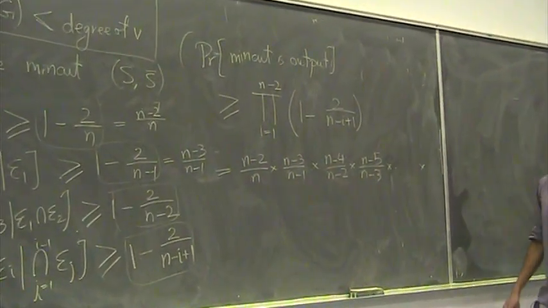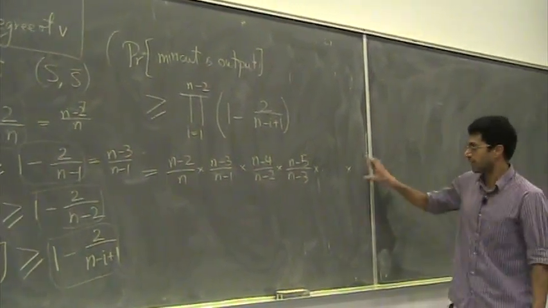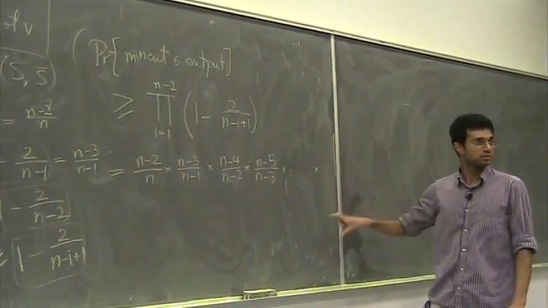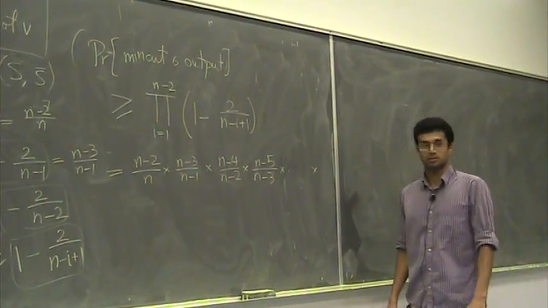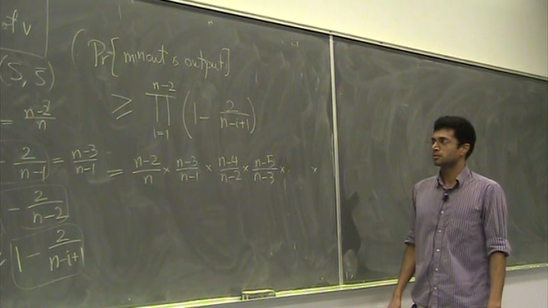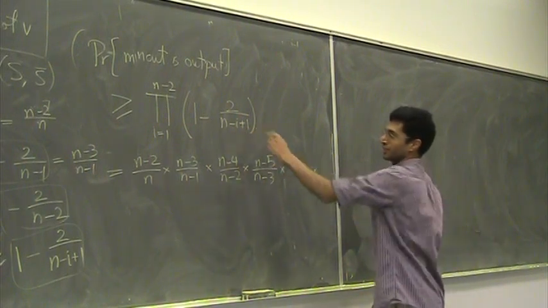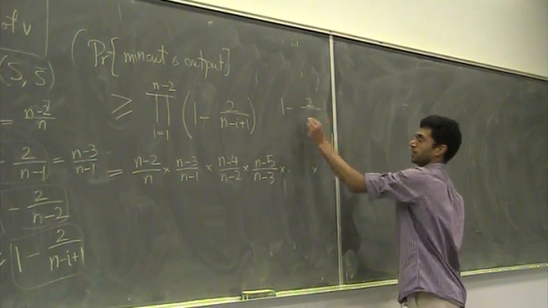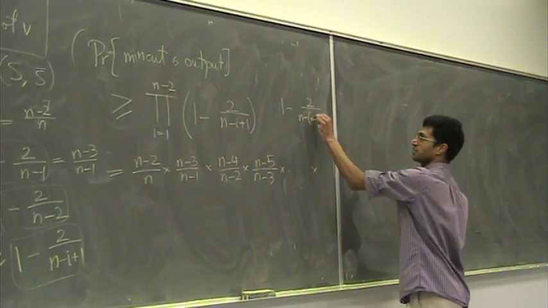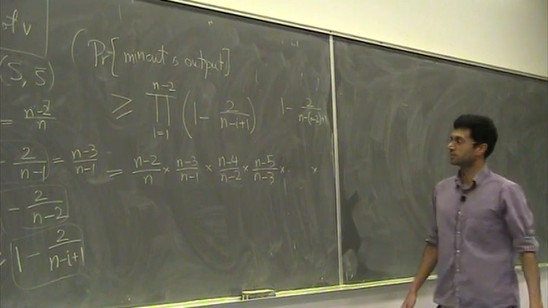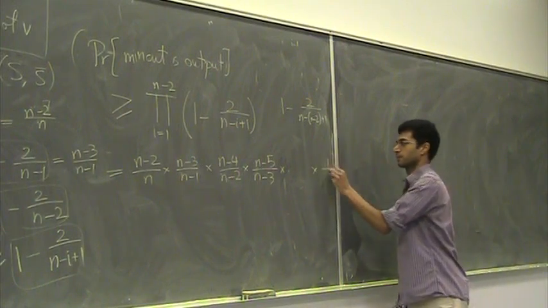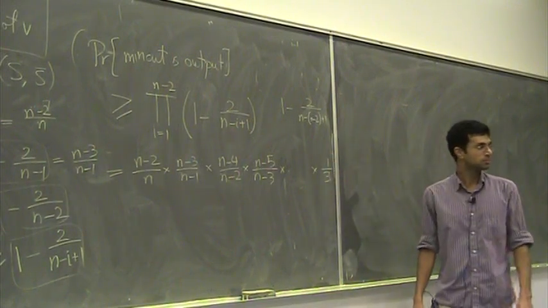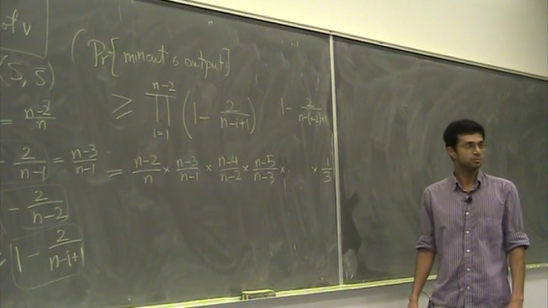What's the last term? What do I get there? So let's plug in n minus 2 over there: 1 minus 2 divided by n minus 2 plus 1, which is 1/3.